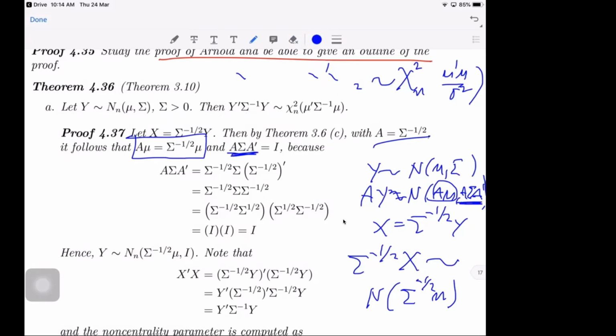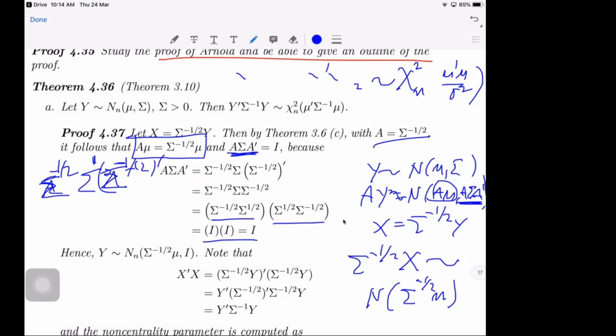Because our A is sigma raised to the 1/2, and then our A is sigma. Sigma raised to the 1/2 and then sigma raised to the 1/2 prime. But it is still raised to the 1/2 anyway. So what you will have is this raised to the 1. Negative 1/2 plus negative 1/2 is negative 1. So you have the identity, no?